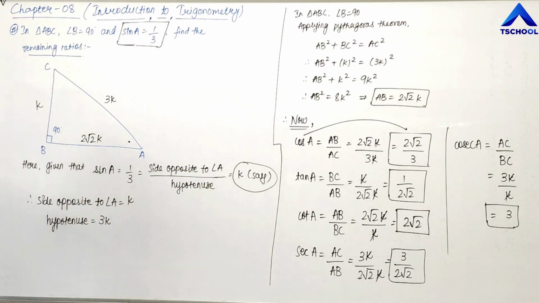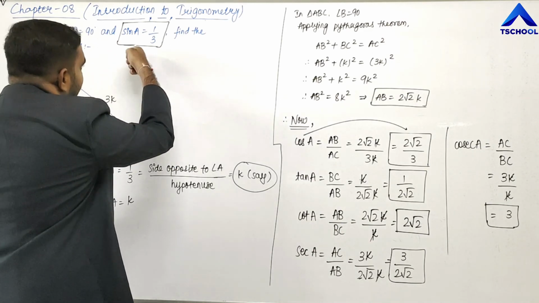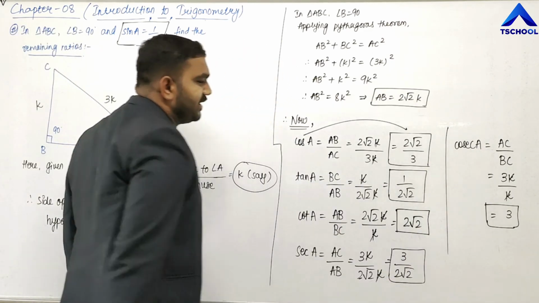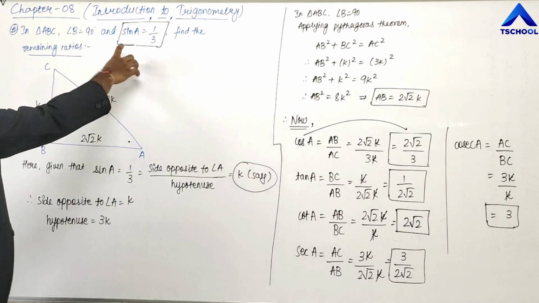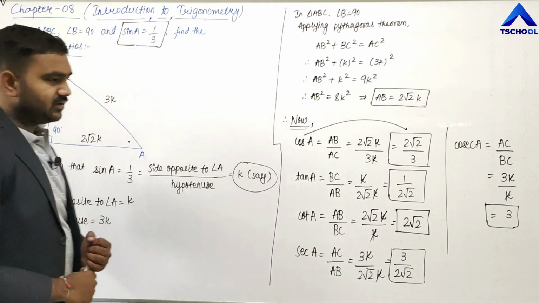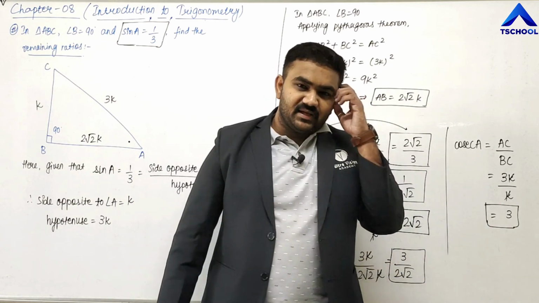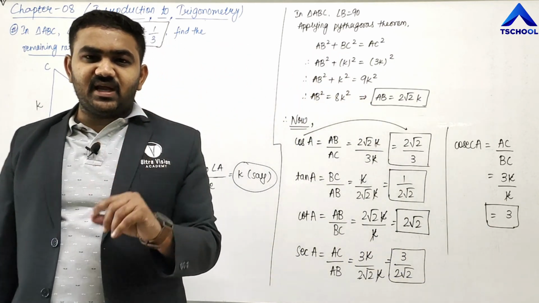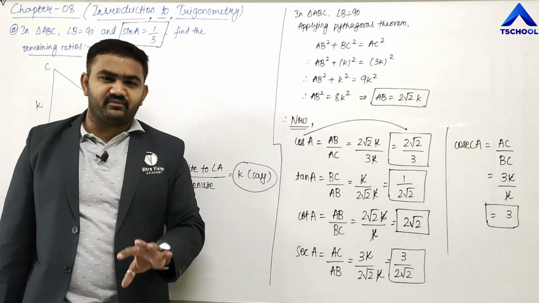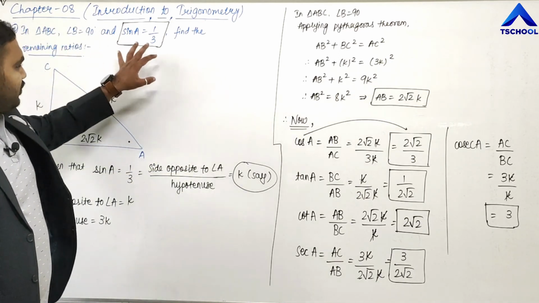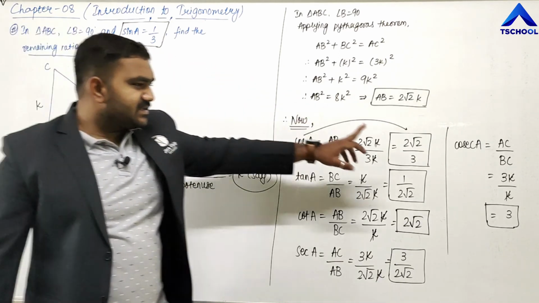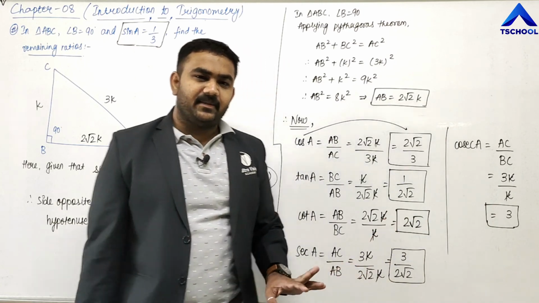Now relate it. How? Can you find any similarity between sin A and cosec A? Sin A is 1 upon 3 and cosec A is 3. So, are these two values inverse of each other? So you can say that sin A is equal to 1 upon cosec A.